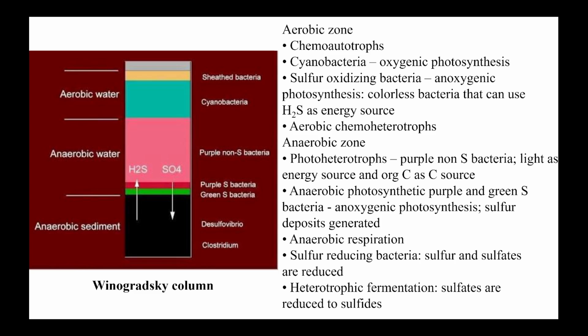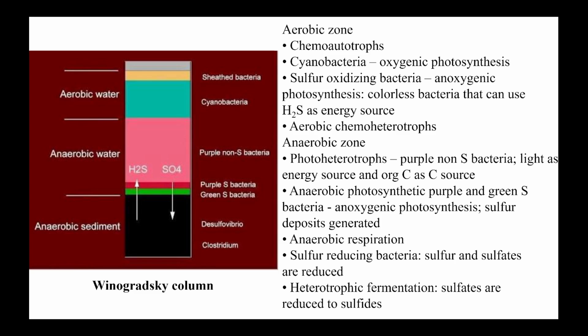So this is a common experiment that we also perform in the microbiology course. What we do is we take a long measuring cylinder, a 2 liter measuring cylinder, and we put soil at the bottom of the column, and then we fill it with water.